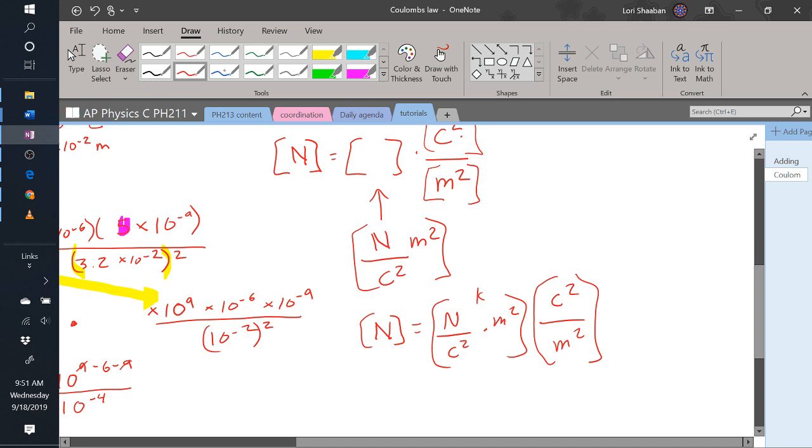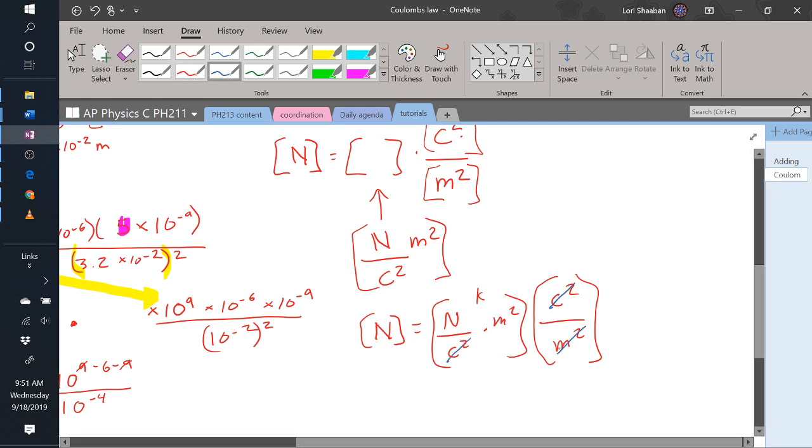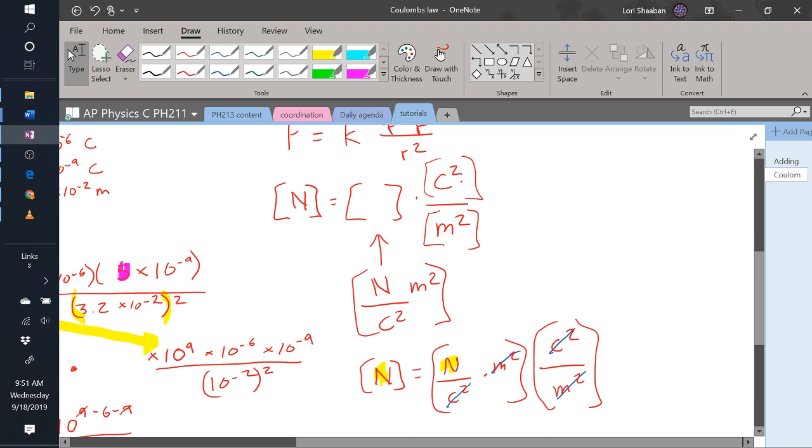And you can see how it cancels. Coulombs squared cancel, meters squared cancels, and I get newtons equals newtons. So what I did was I inverted these two, and I made sure that there was a newton on the end.